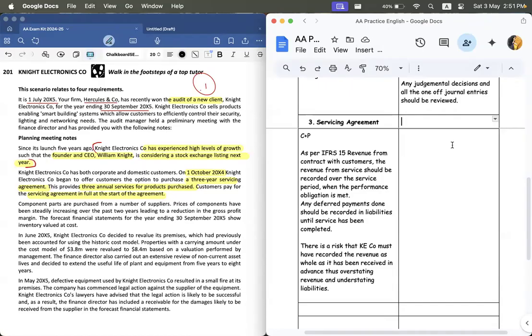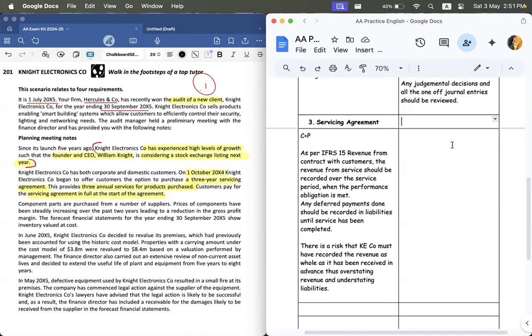So, what do you do? First of all, you don't know how they recognize revenue, right? So you're going to ask them and obtain their revenue recognition policy. And you're going to review whether whatever policy they have adopted is in line with IFRS 15.